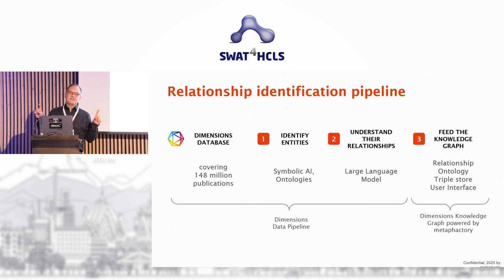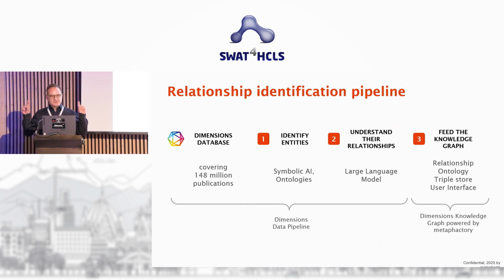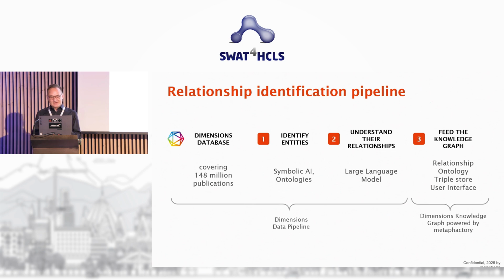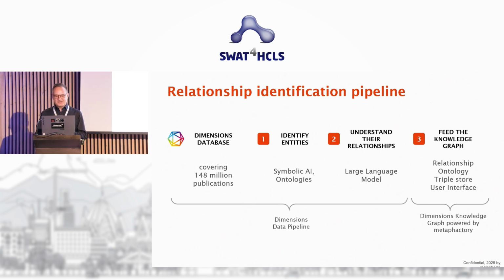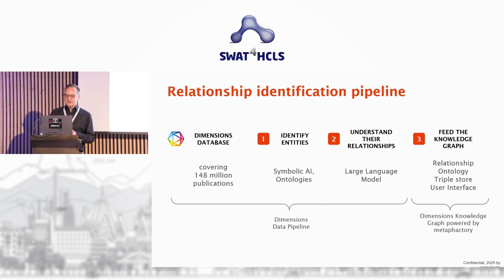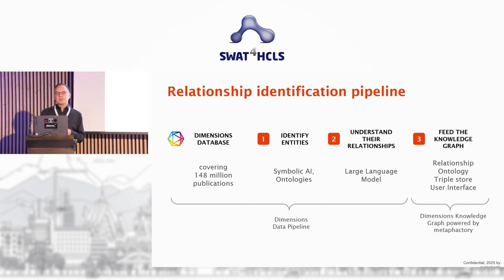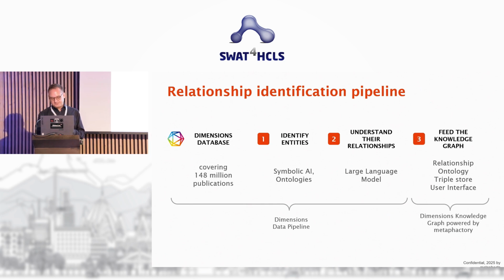But understanding the relationship between the two entities, how they interact, how they are associated, is where a language model cannot be beaten, in all our experience. And at the end, we put it all into what we call the Dimensions Knowledge Graph, a system that is powered by the MetaFacts software.